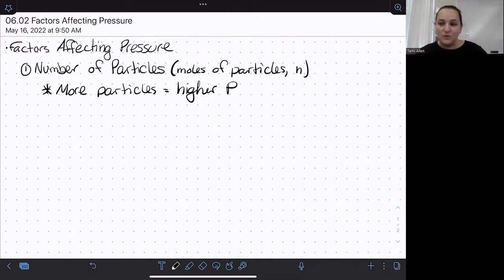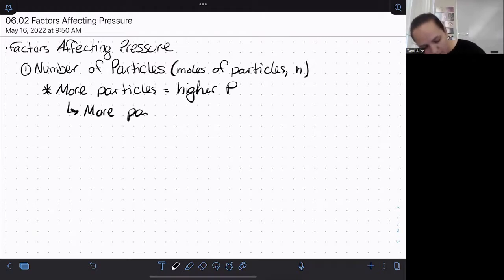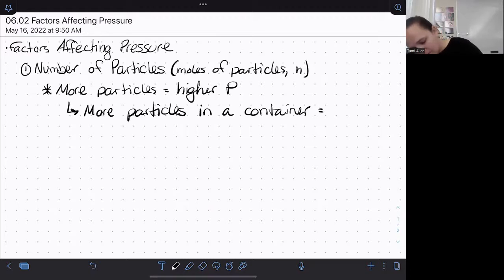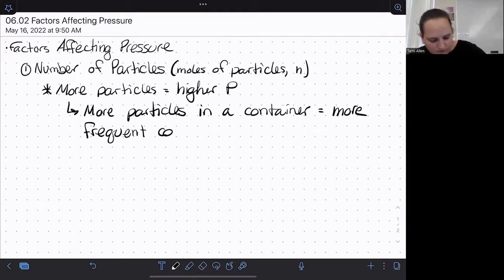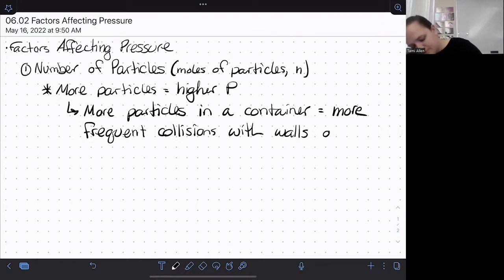And that is exactly why increasing the number of particles in your container increases the pressure. More particles means more frequent collisions with the walls of the container.